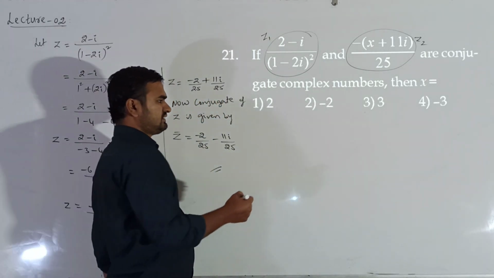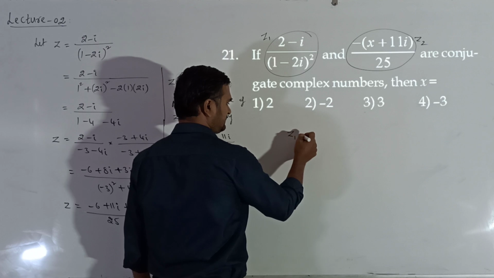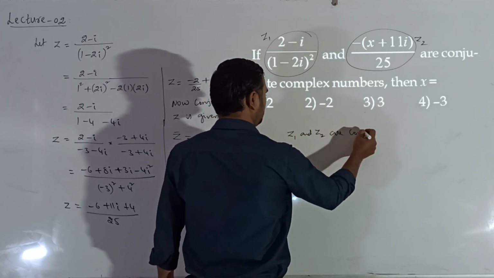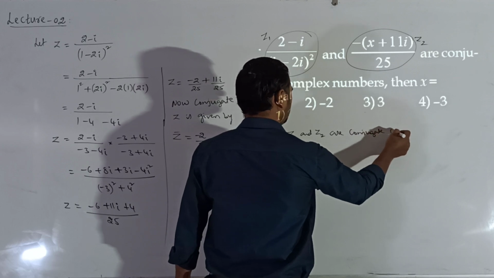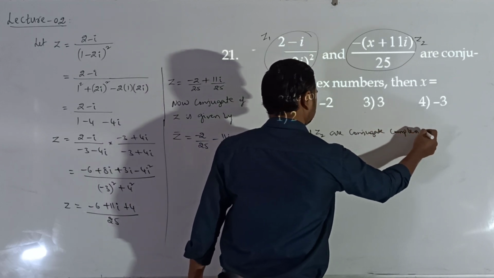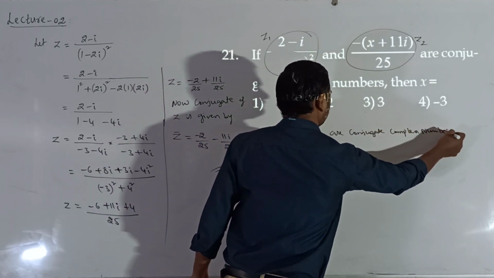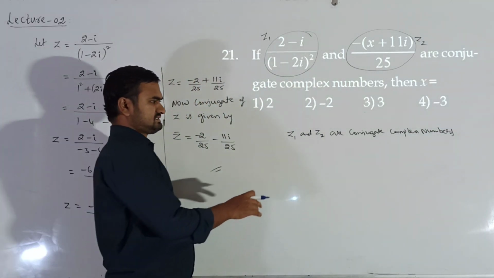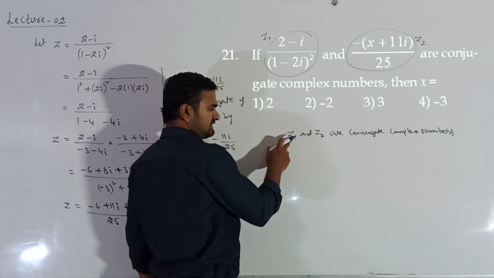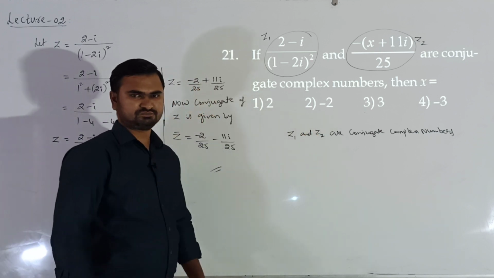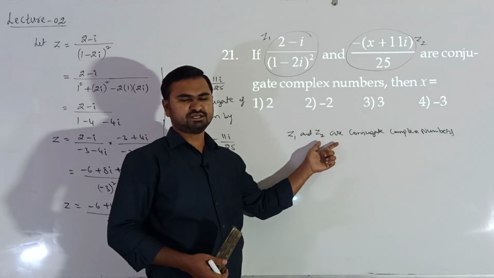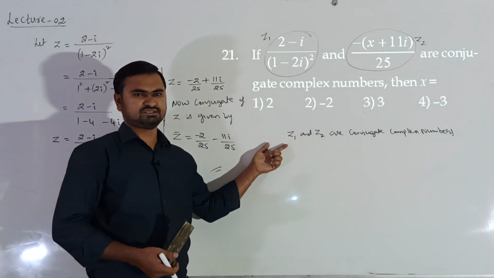Okay. So whenever two complex numbers z1 and z2 are conjugate complex numbers, it means one is the conjugate of the other. Okay. z1 is the conjugate of z2, or we can say z2 is the conjugate of z1.